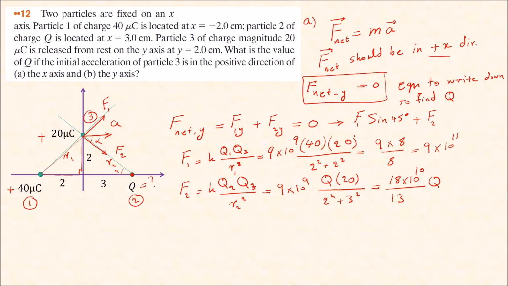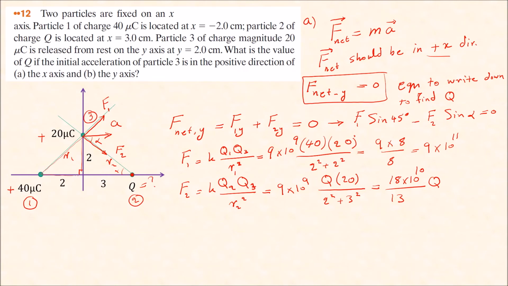And sine alpha, equal to 0. Actually, the magnitude should be equal to 0, so negative here.